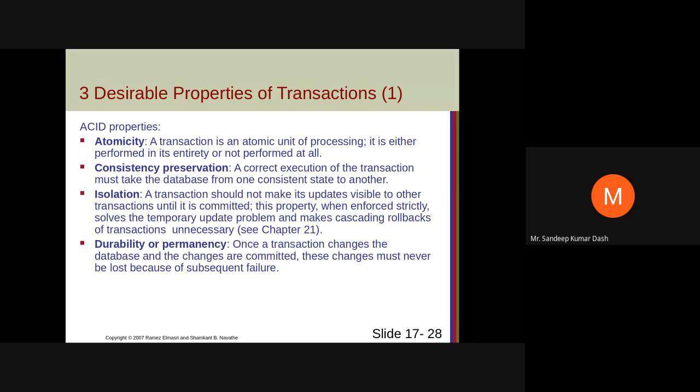Then consistency preservation. This thing we discussed, that correct execution of the transaction must take the database from one consistent state to another. That means you remember that if you are deducting 5 rupees from one account and you have to add it back to another account, after adding that only your database will be going into a consistent state. But suppose in the middle something happens, the database will be in an inconsistent state.